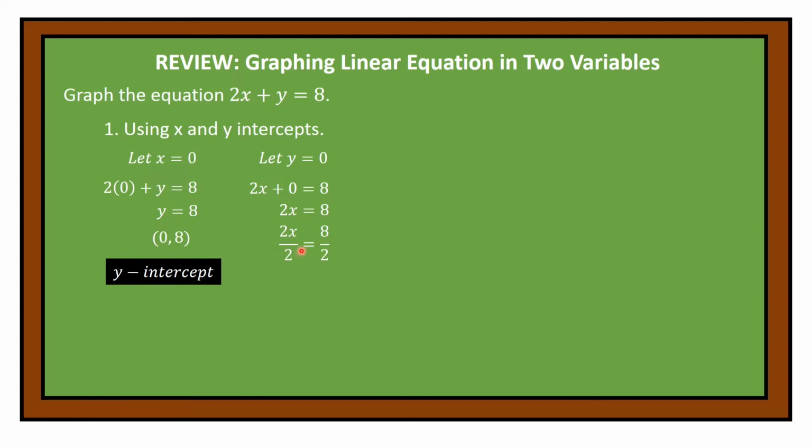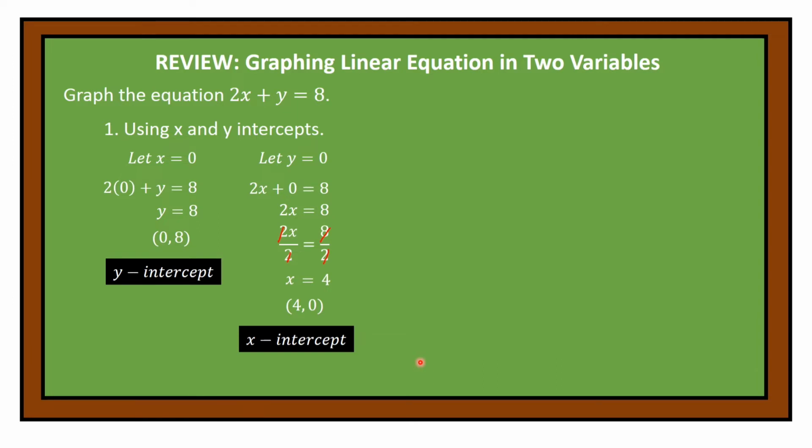So, 2x divided by 2 is equal to x. And then 8 divided by 2 is equal to 4. So, our second ordered pair is (4, 0). So, 4 ang value ng x at 0 naman ang value ng y. So, ito yung tinatawag na x-intercept.